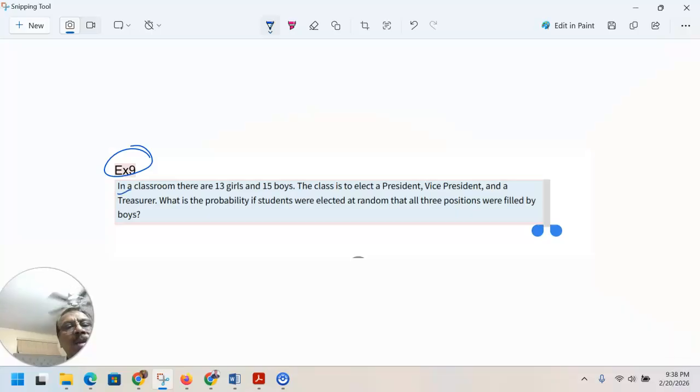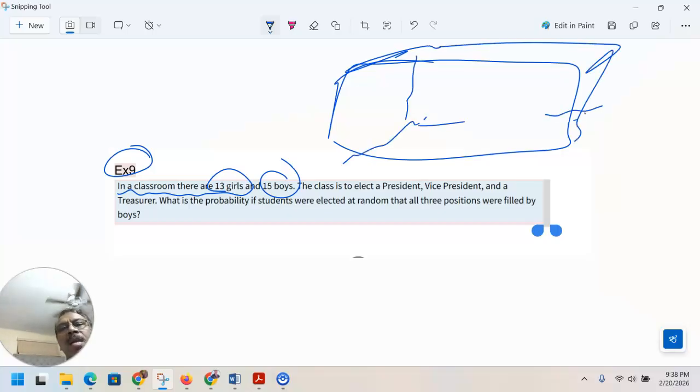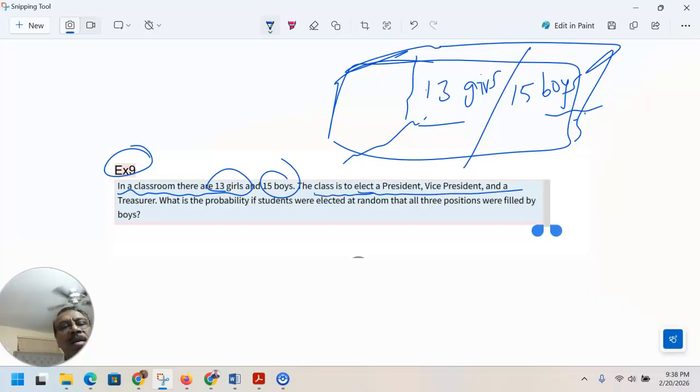Okay, this is an example. In a classroom, there are 13 girls and 15 boys. So let's say this is a classroom, and in this classroom there are 13 girls and there are 15 boys. I don't want to draw the boys and the girls, that's too difficult, right? A class is to elect a president, vice president, and treasurer.